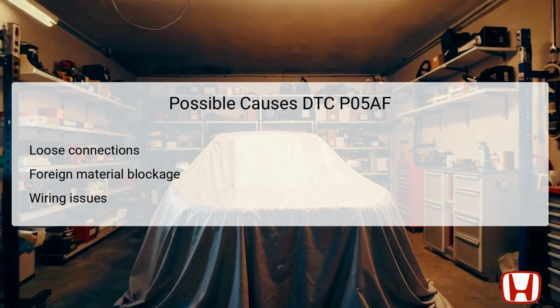Additionally, issues within the wiring harness, such as shorts or opens in the +B FR fog/VMP line, could disrupt power supply or ground connections to the shutter grille assembly. Each of these causes can independently or cumulatively trigger the DTC, necessitating thorough examination during troubleshooting.